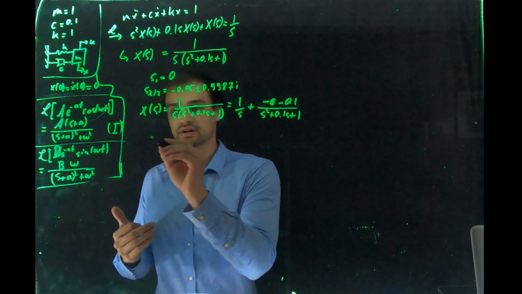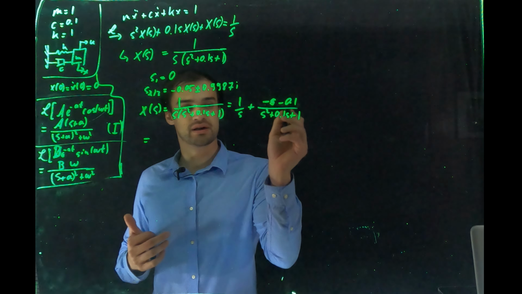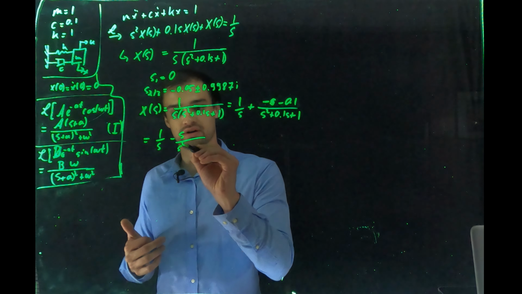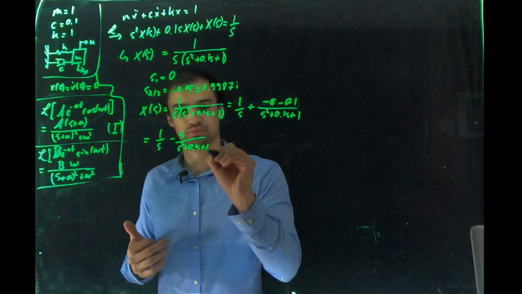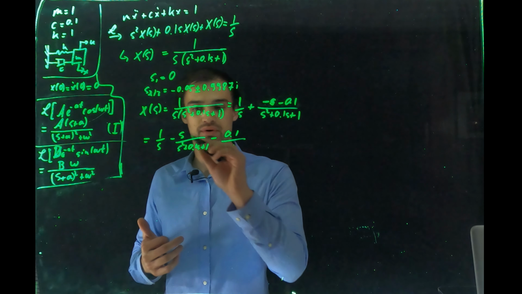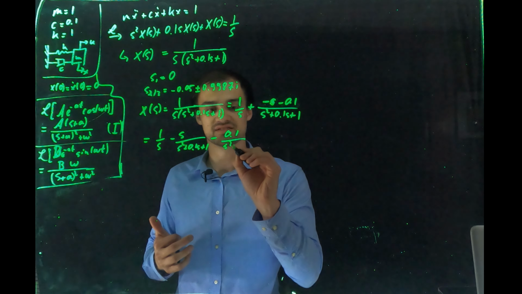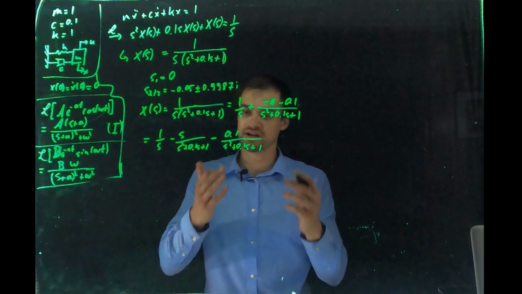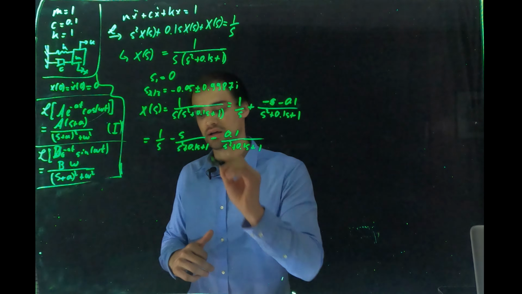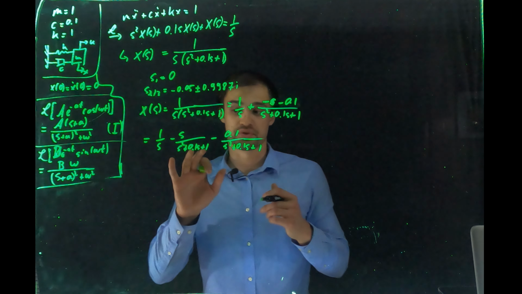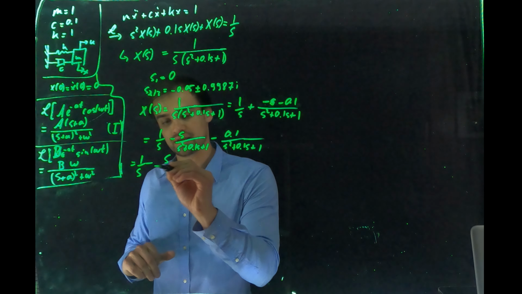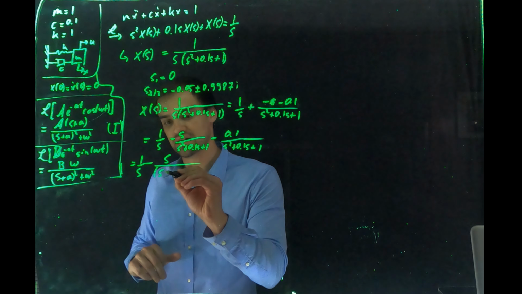I'm splitting up this mess into 1 plus s minus s over s squared plus 0.1 s plus 1 minus 0.1. I want to have this s and the constant being separated, which happens right now. Okay, that's good. And what I can do further is with a quick glimpse, I can claim that the denominator of this function is s.